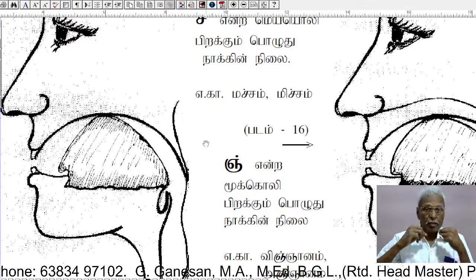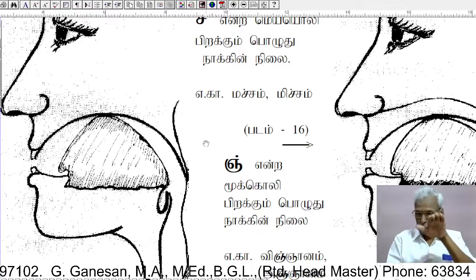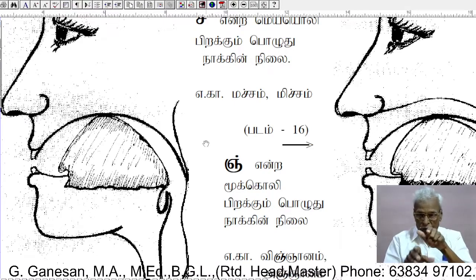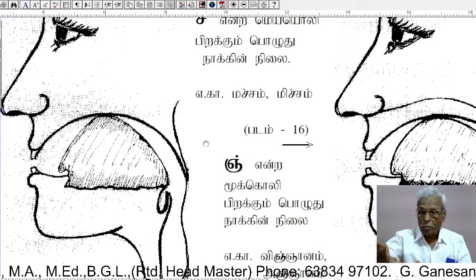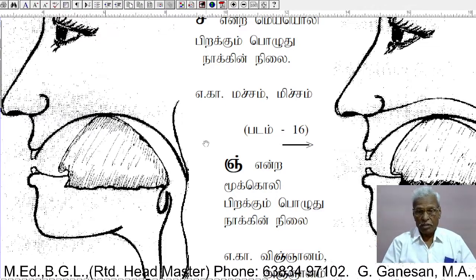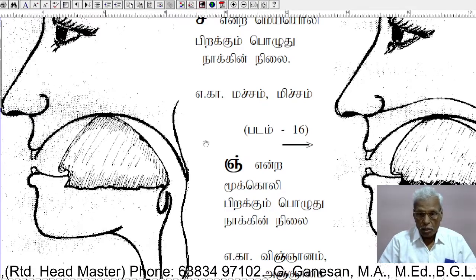When the vocal cords push out the blocked air, it escapes through the nose, making the sound ing.